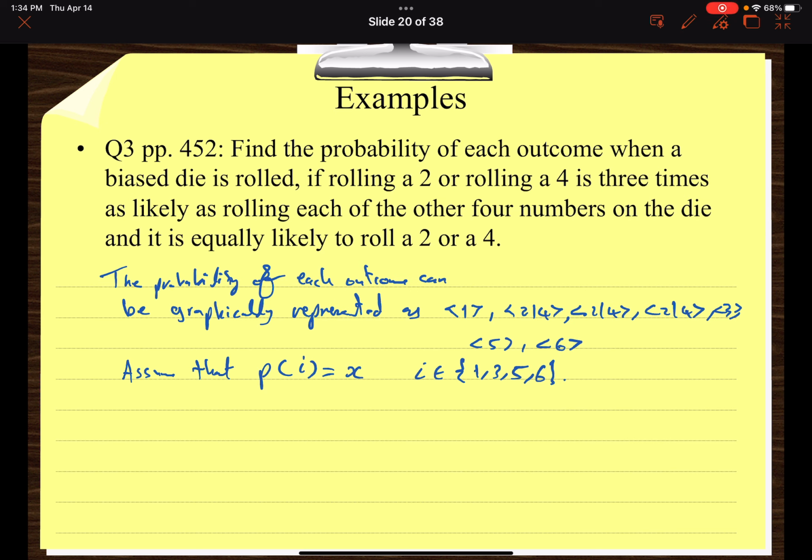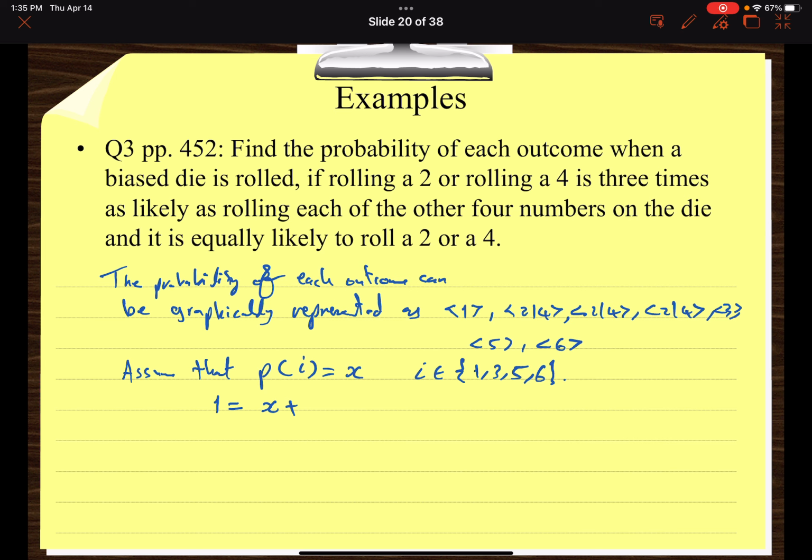Probability of I is equal to x, where I is equal to 1, 3, 5, 6. Now, what is the probability of the whole sample space? It should be equal to 1, right? Let's see. So 1 is equal to what? Probability of 1, which is x, plus, now, 2 or 4, what do I have? Probability of 2 or 4, right?